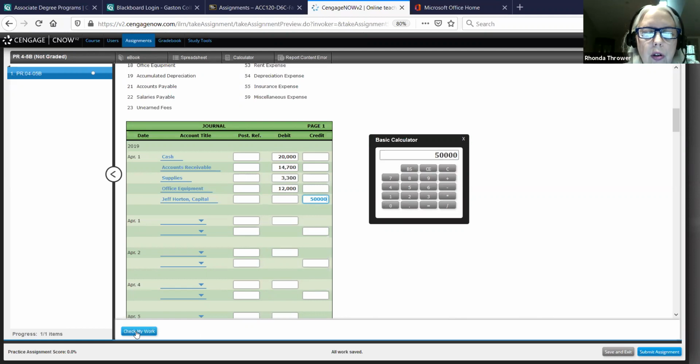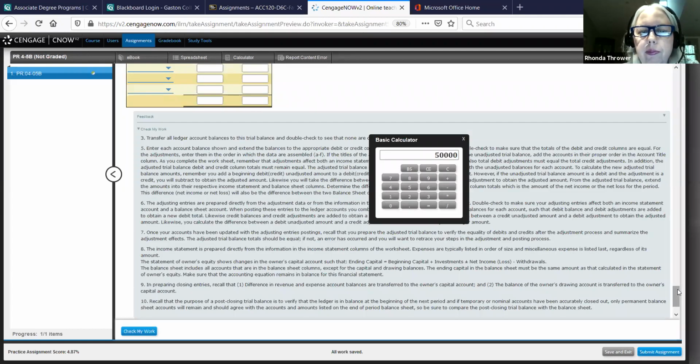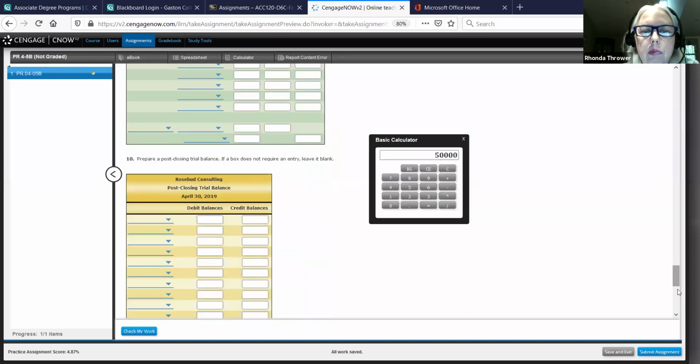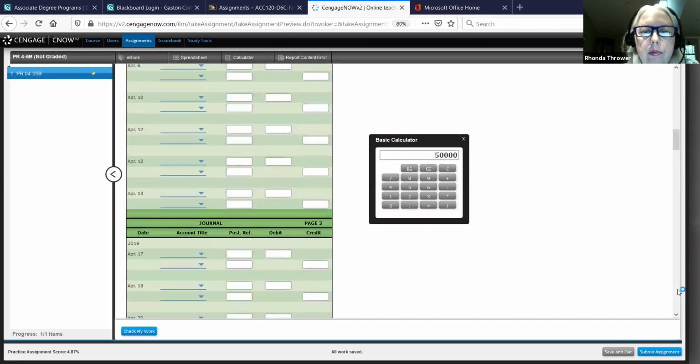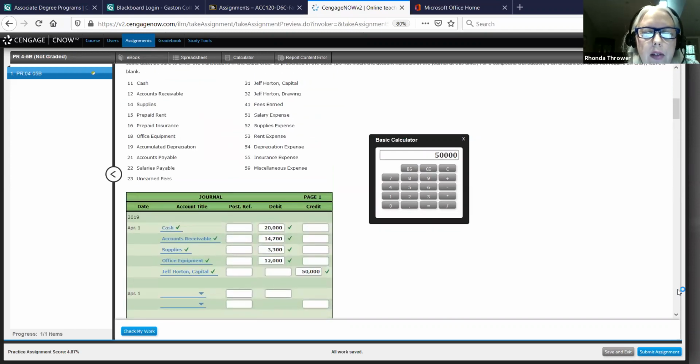And if you want to, you can check your work when you're doing these transactions. You can see here that we got this first transaction right. This first transaction was where the owner was putting some assets into the business. They put in cash, accounts receivable, supplies, and office equipment.